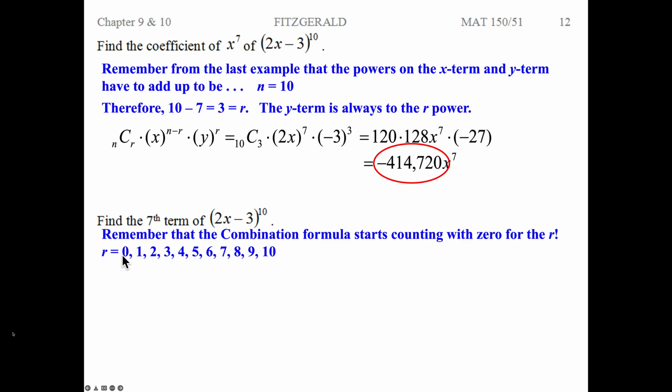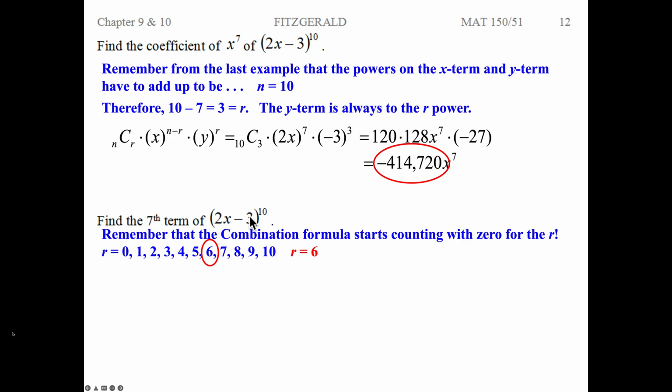This is telling us our terms. So you count first term, second term, third, fourth, fifth, sixth, seventh term. 1, 2, 3, 4, 5, 6, 7. So r is going to be 6 on my seventh term.